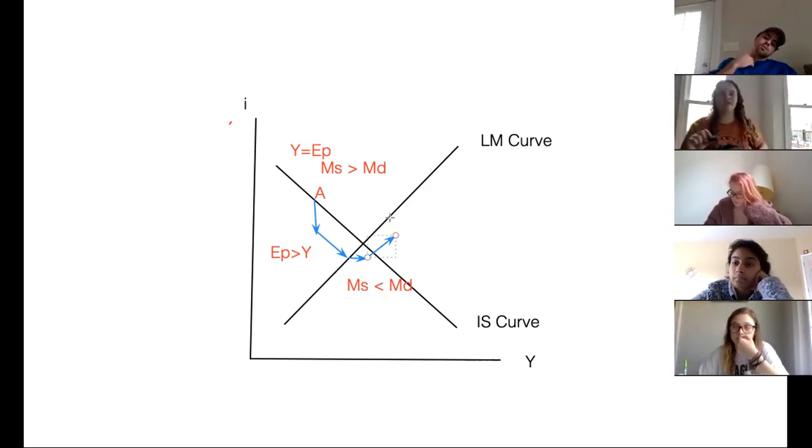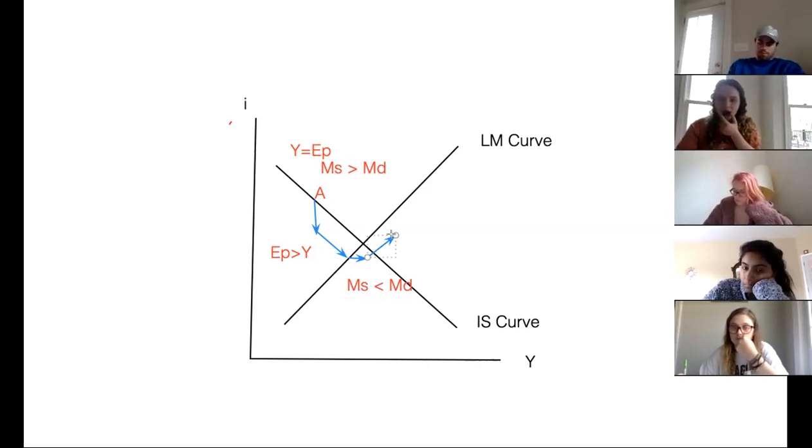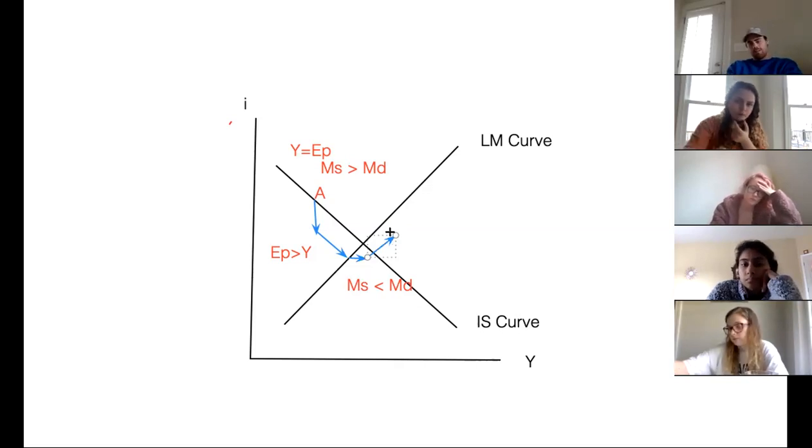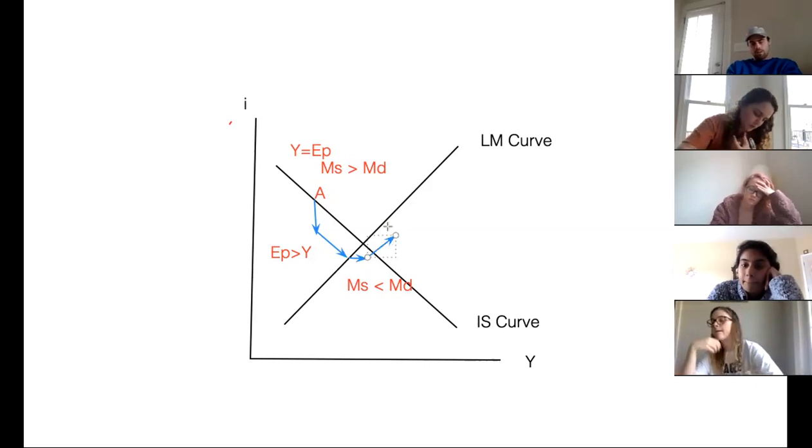Now we're at this point, which is below the LM curve, meaning interest rates are still going to rise, but it's above the IS curve, which means that GDP is going to do what? Fall. So what that means is we do a hard left turn.